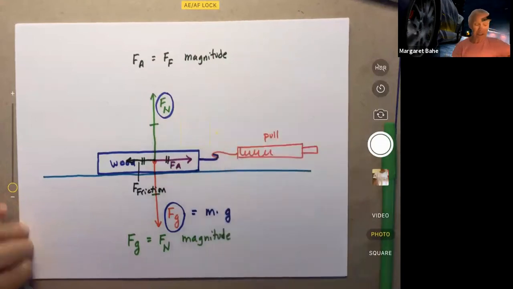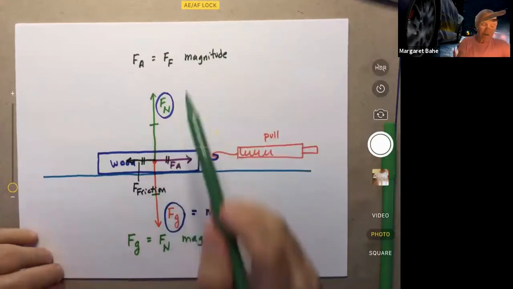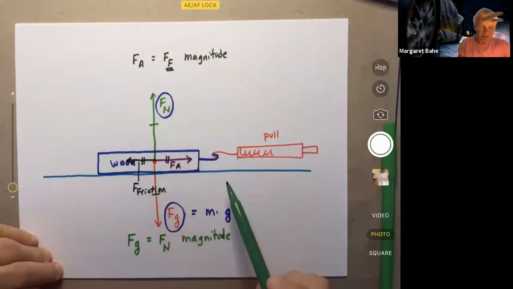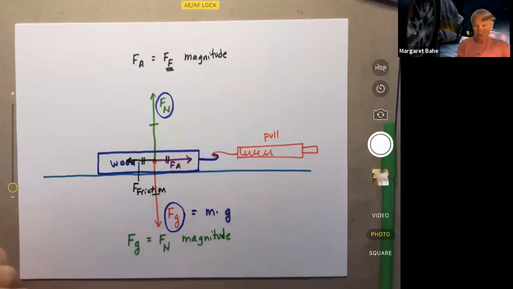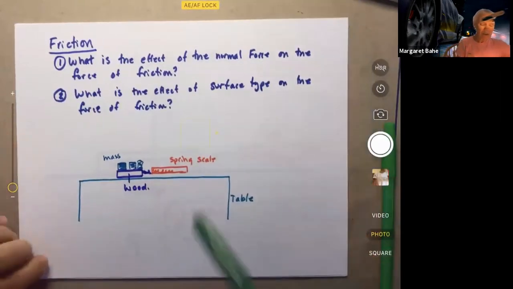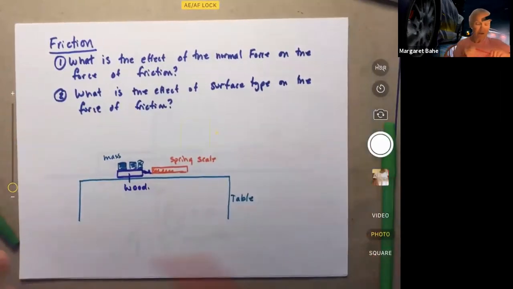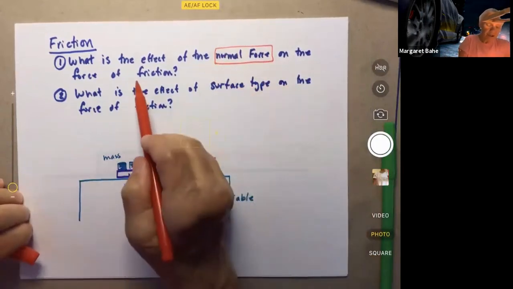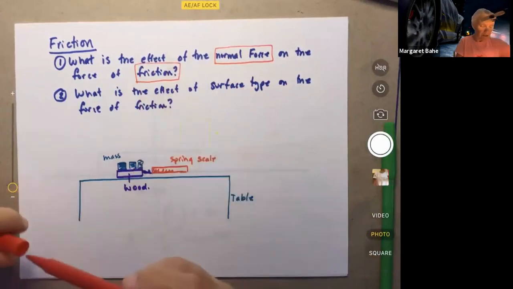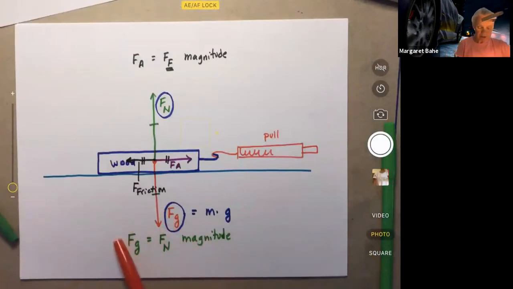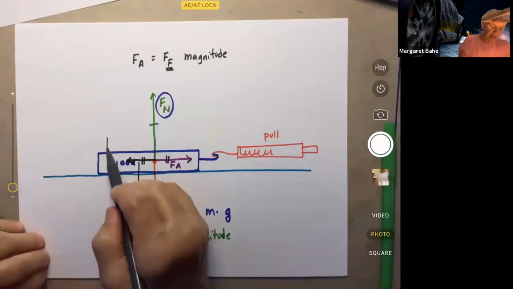So it should be fairly easy to get at what our force of friction is because we can measure it with our spring scale. So our first question, recall, let me bring it back here: what is the effect of the normal force on the force of friction? From our apparatus, we're going to be able to vary the normal force by adding various masses.